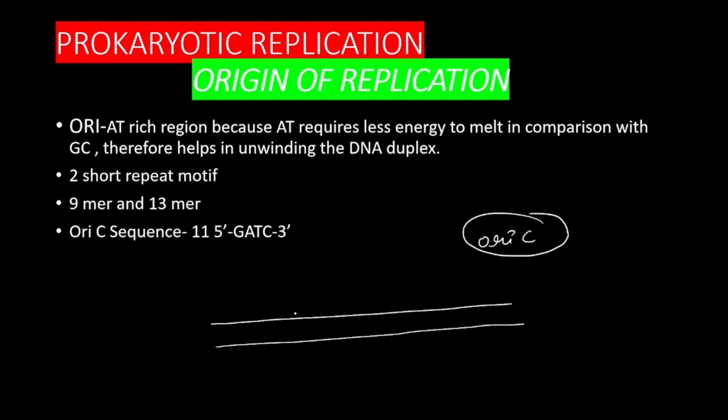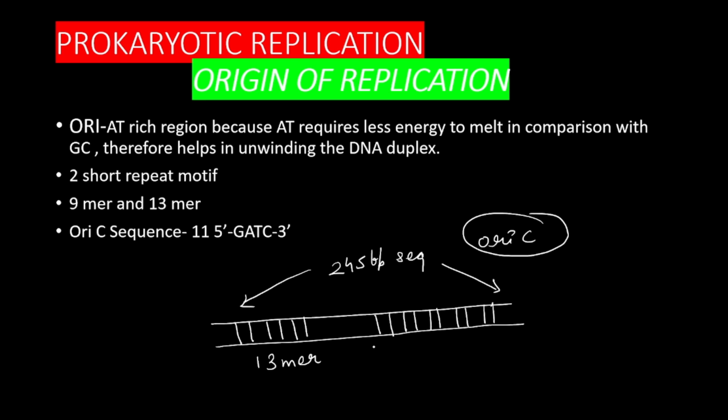There is a particular sequence related to that. It is a 245 base pair sequence. In this sequence there are three units which are termed 13 mer, and there are 9 mer units, which are three of them, 1, 2, 3.